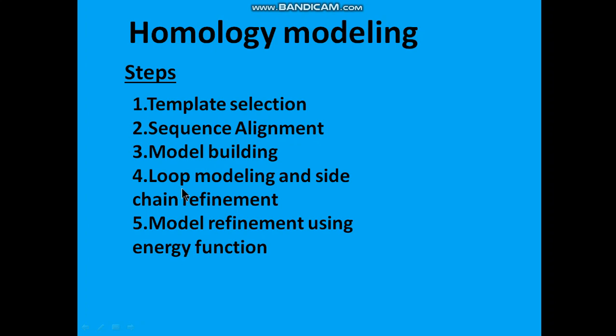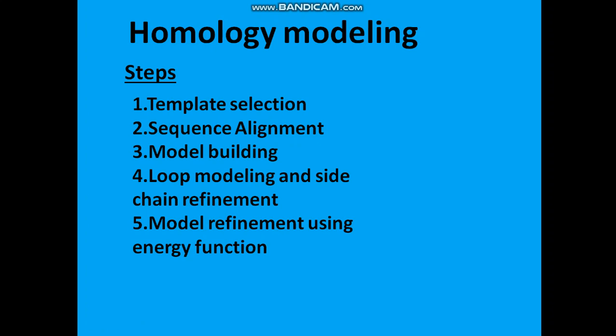Then another step is loop modeling and side chain refinement, and then model refinement using the energy function. What is this refinement? That is actually refining the model which I have built. Through all of this process you can get a tertiary model using an online server.